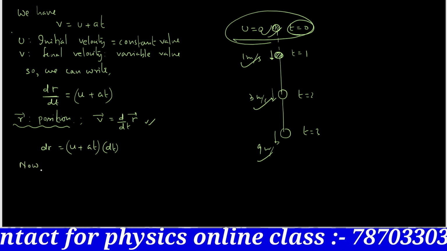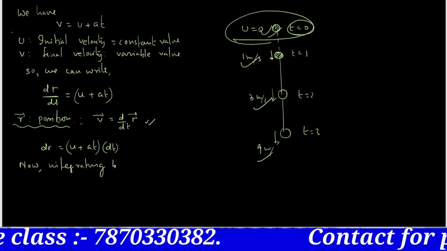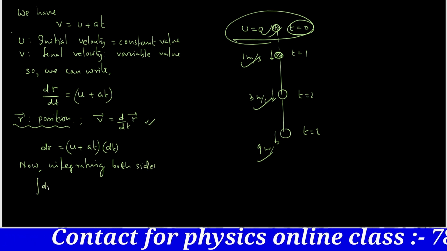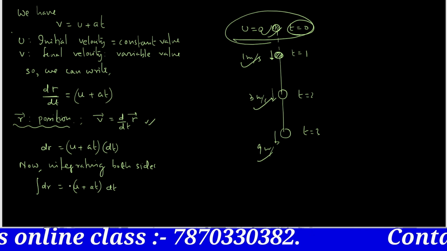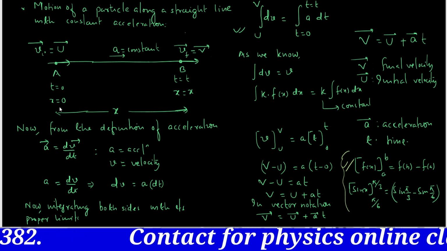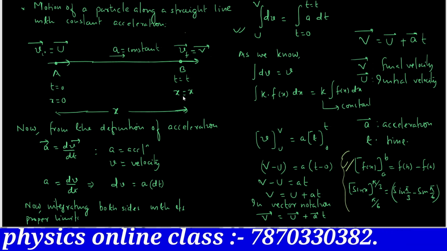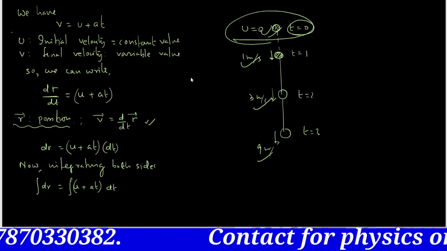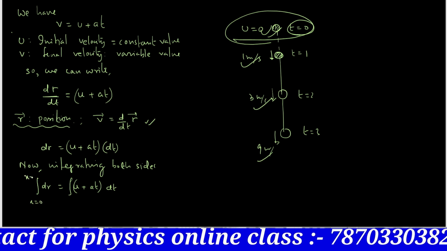Now integrating both sides, we have integral of dr equal to integral of u plus at dt, and our limit will be, look back at this page, initial x equal to 0 when t was 0, and finally x equals x when t equals t.